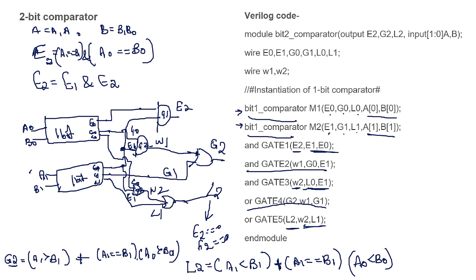I need two wires, W1 and W2, and the intermediate results, which are the outputs of the 1-bit comparators E0, E1, G0, G1, L0, L1, I will define as wires. The final outputs are the comparison of the 2 bits, E2, G2, L2, and the 2-bit inputs. I want B also to be 2 bits, so I am not redefining it; once I define it as 1 down to 0, both will be 2-bit registers. So this is the code for the 2-bit comparator.